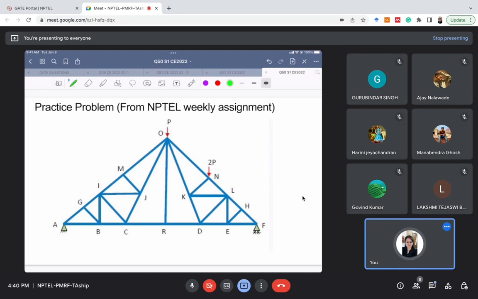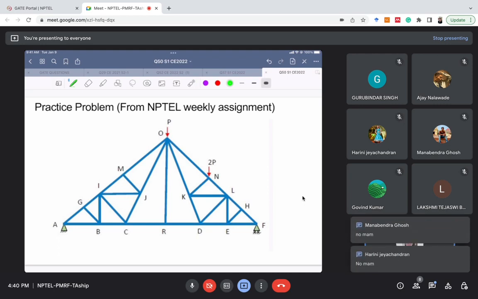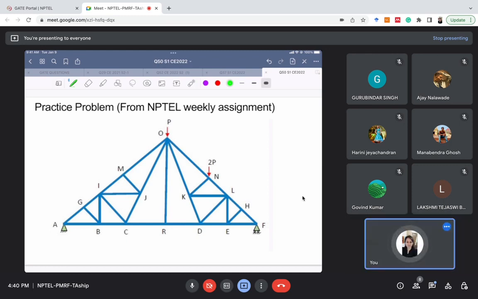Please check again. Please analyze the joint R. Yes, right. OR is also a zero force member. Maybe if I would have asked RO, then you might give me a correct answer, but it's okay.